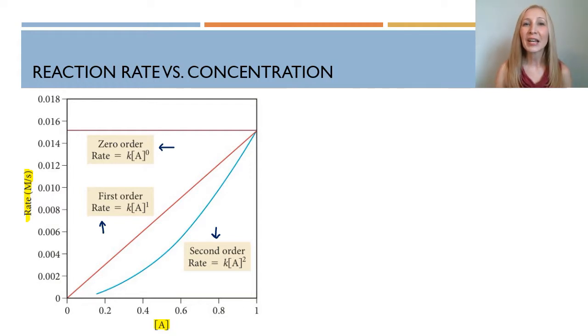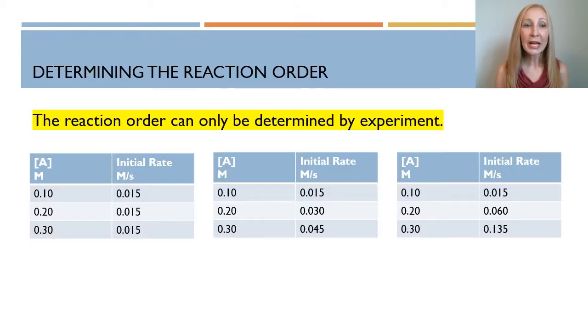Now let's take a look at how this relates to some experimental data. One thing I'm probably going to say several times is that the reaction order can only be determined by experiment. This is called the method of initial rates. Let's take a look at the first set of examples. If we take a look at the concentration, we are doubling the concentration. We have lots of different concentrations.